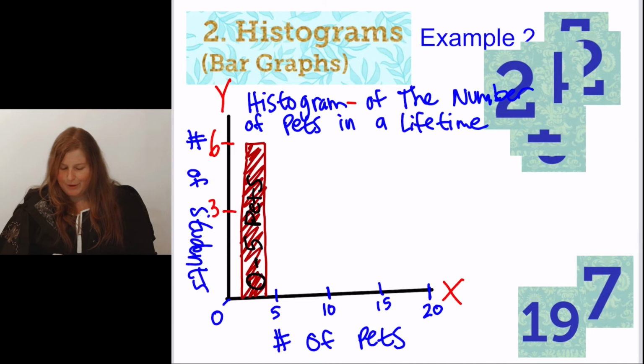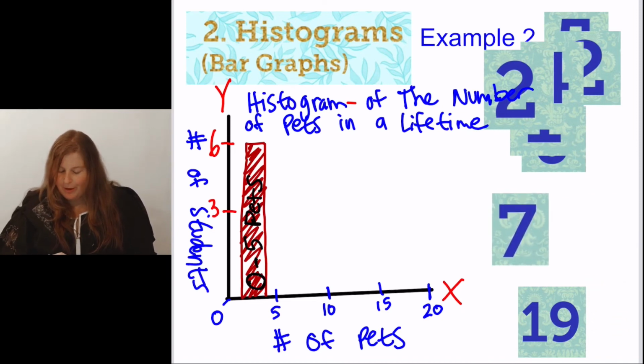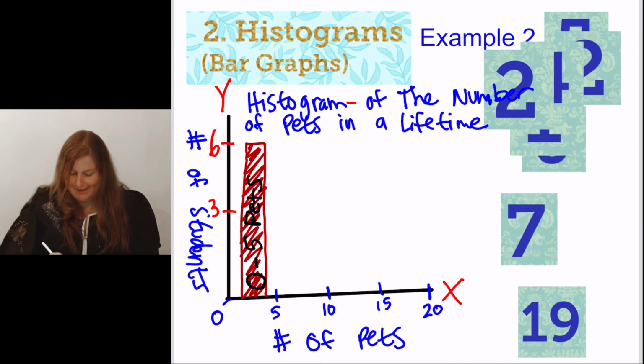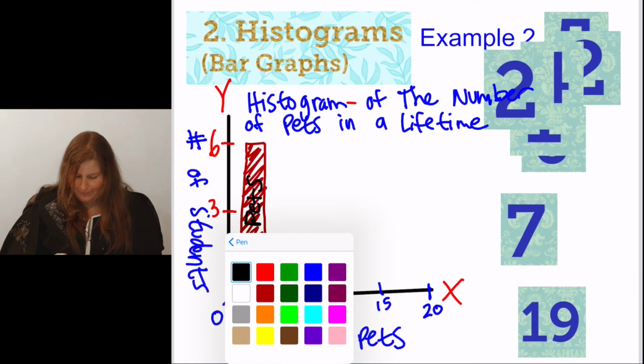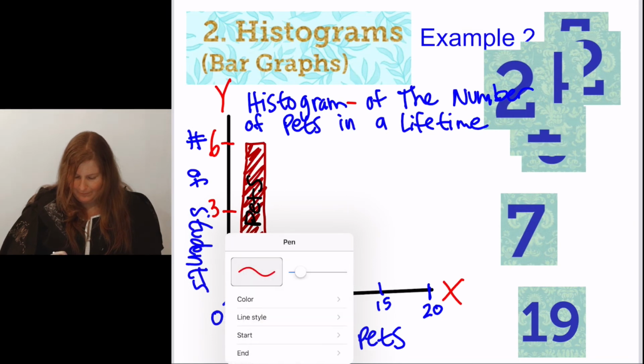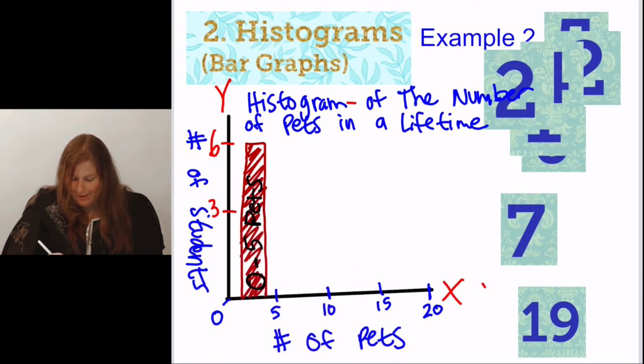Now let's look at the next group. How many pets were between 6 and 10? We only had one person that had between 6 and 10 pets. So between 6 and 10 pets, we had one person.